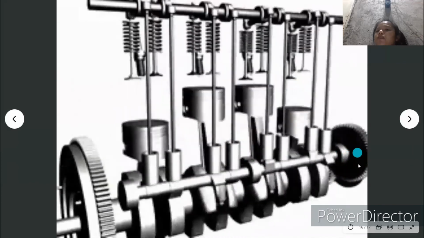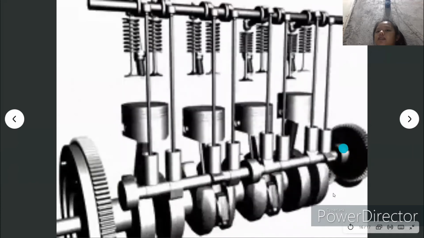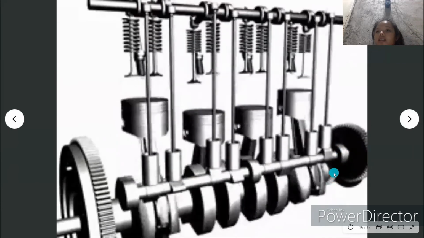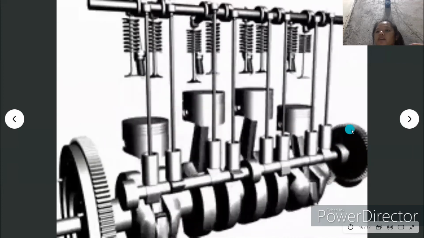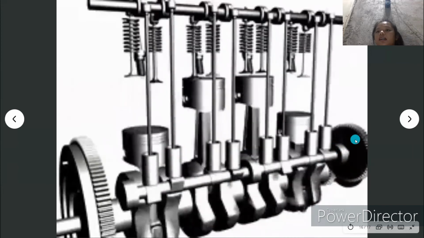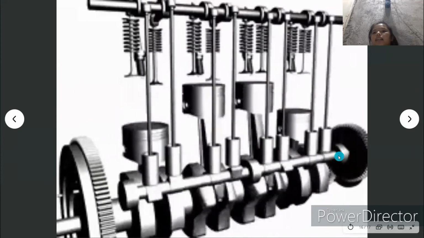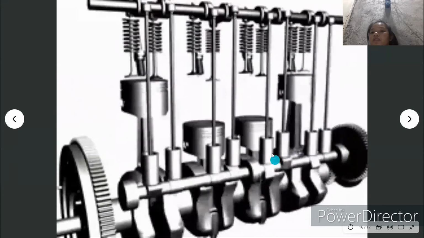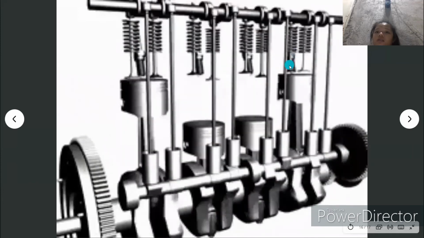So in every 1 cycle of our crankshaft gear, that is equivalent to 1/2 cycle of our camshaft gear. Why? Because the camshaft only operates our valves, the exhaust and intake valves.